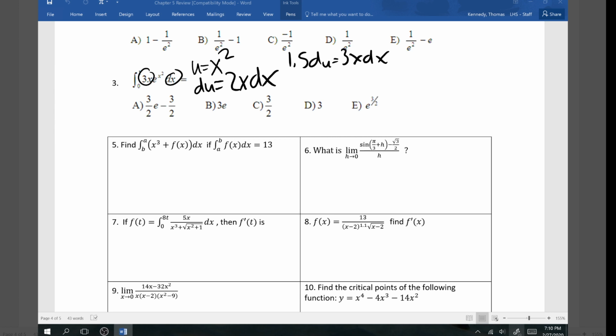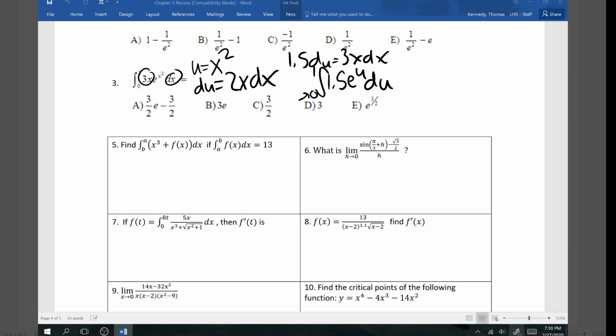If I then rewrite my integral, it's the integral from 0 to 1 of 1.5 e to the u du. You can take the 1.5 out. I haven't talked about changing the definite integral bounds into u, but if you do 0 squared, you get 0, so my bottom bound is 0 for u.